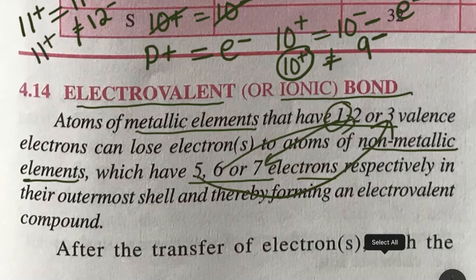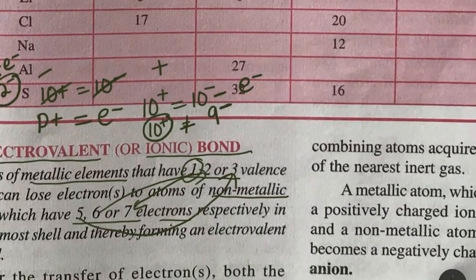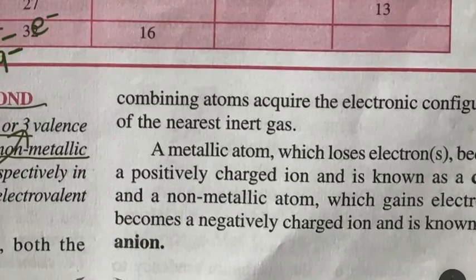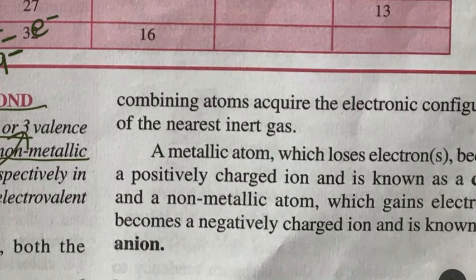No, it is not equal. So which charge will this atom now gain? It will gain a negative charge. So it becomes a negative ion. So you will see that after the transfer of electrons, both the atoms will acquire the electronic configuration of the nearest inert gas, that is 8 electrons in its outermost orbit.